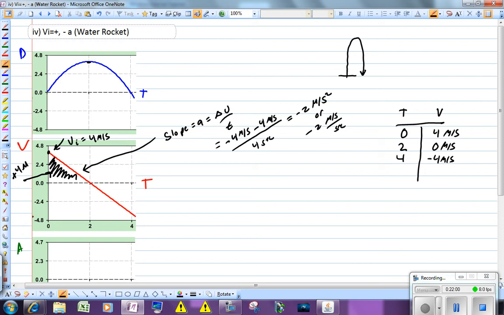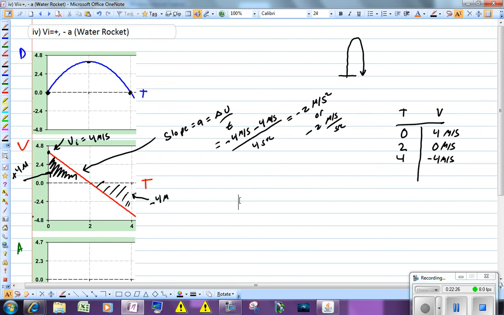However, this area of the triangle is below the 0 axis. So that area actually represents a displacement of minus 4 meters. Notice when you add up, you get a net displacement of 0. You see the same thing on the DT graph because your final position is exactly the same as your initial position. So both of those are representing the same motion.